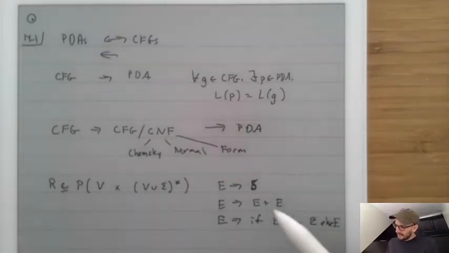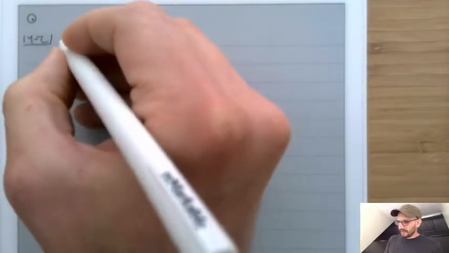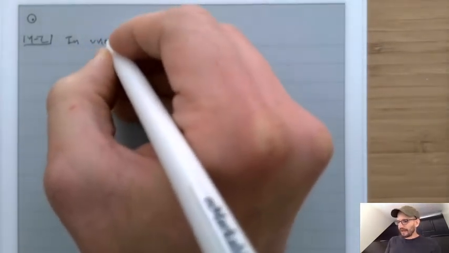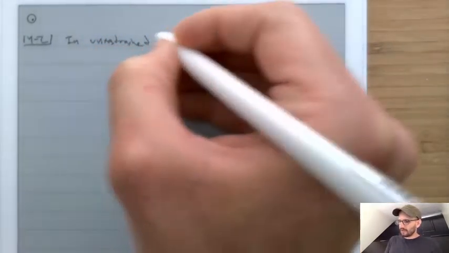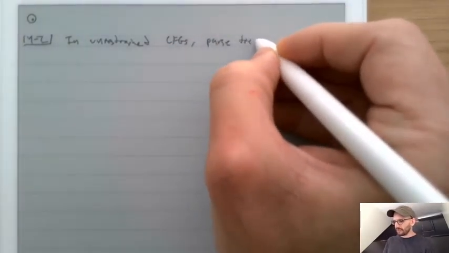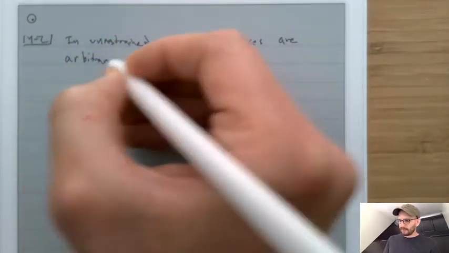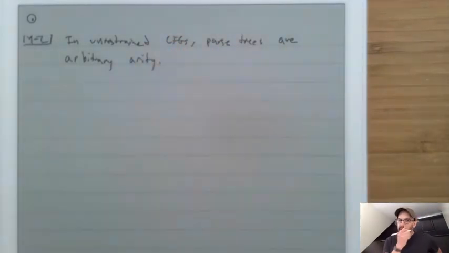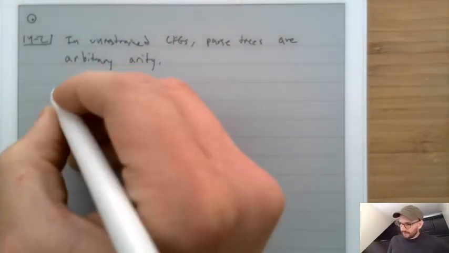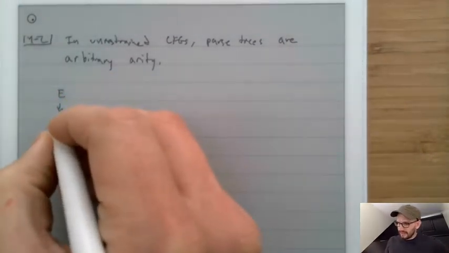Now, these rules are quite complicated, and you can think of it by thinking about the parse trees that come out of them. In unrestrained context-free grammars, parse trees are of arbitrary arity. In other words, I could have an E that was pointing to exactly one thing, let's say that's 6.